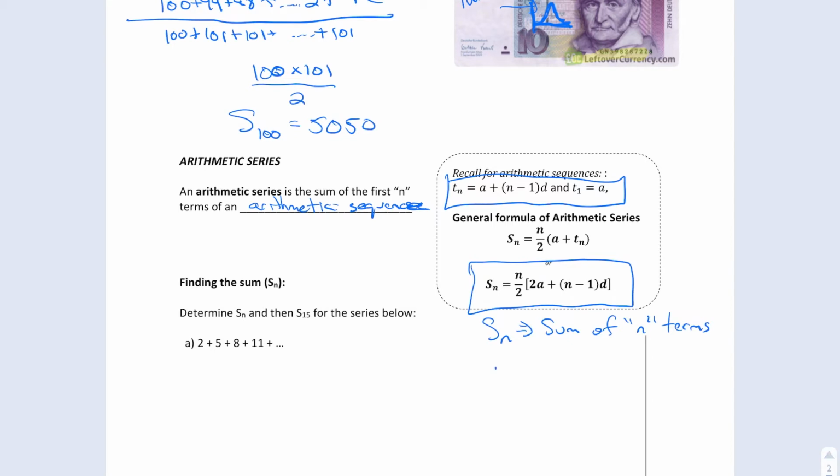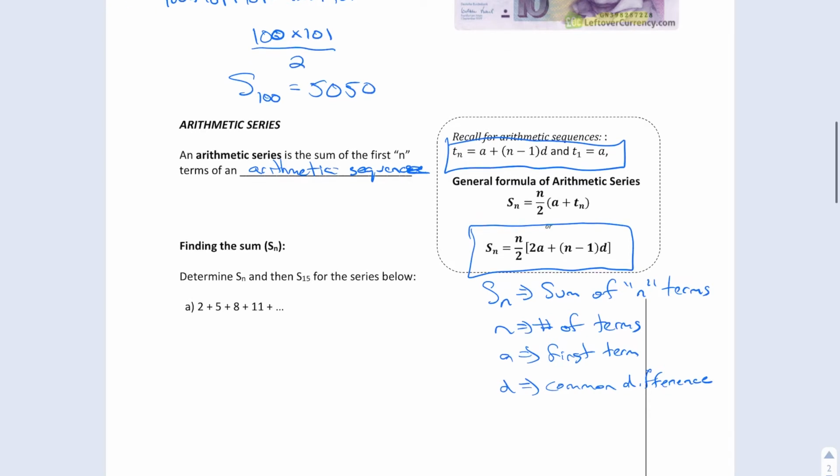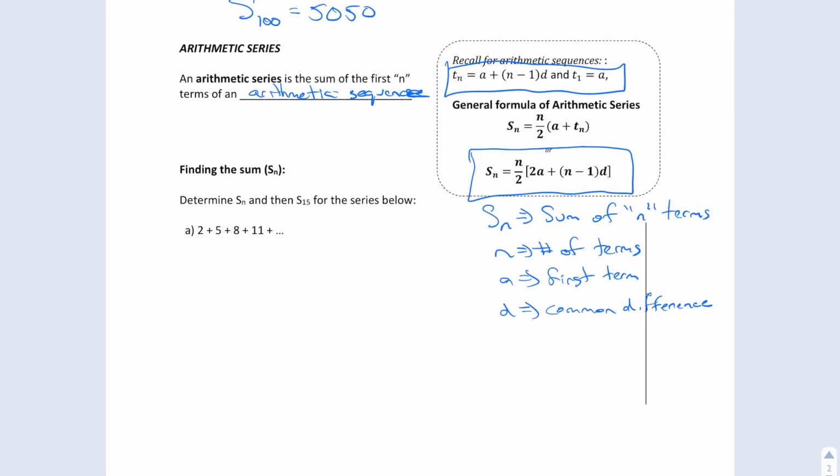This is the sum of n terms, and n is the number of terms. The other stuff you've already heard of: a is the first term's value, and d is the common difference.